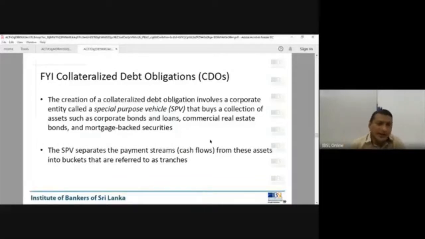So this SPV separates the payment streams, that means the cash flows from these assets, into different buckets. That means high credit quality, low credit quality, in-between quality. Different mortgage-backed securities are there.